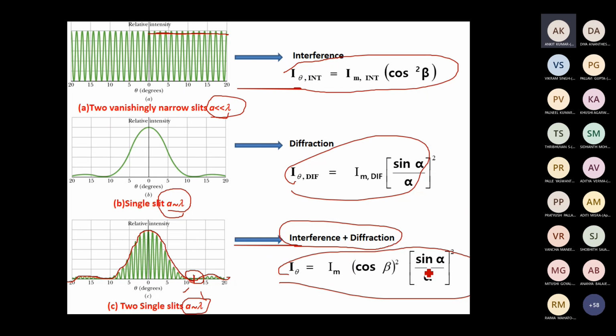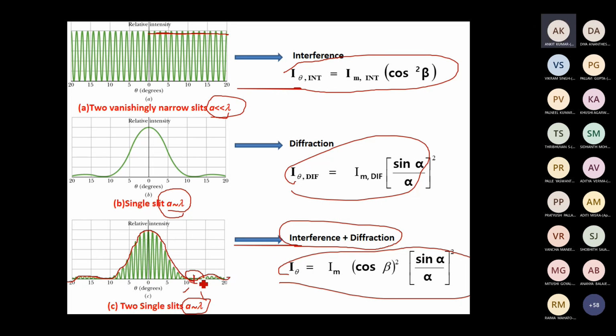This tells you if the diffraction effects are large, then the intensity of these interference bands is quenched to a greater extent.